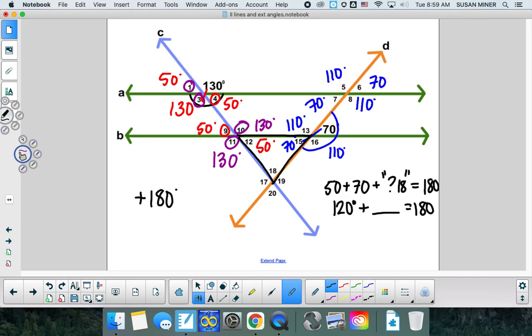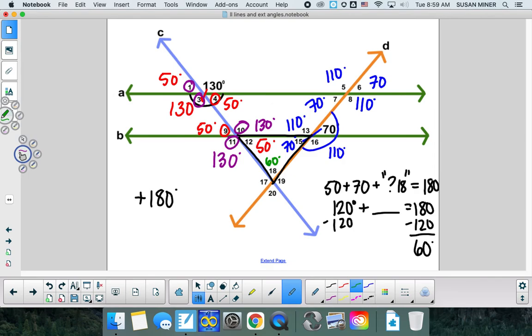And so 180 minus 120 is going to tell us what our missing angle is, 60 degrees, right? I better put the 60 over there so you know what I'm doing, right? 180 minus 120 is 60 degrees. So now I can say, hey, angle number 18 is 60 degrees.